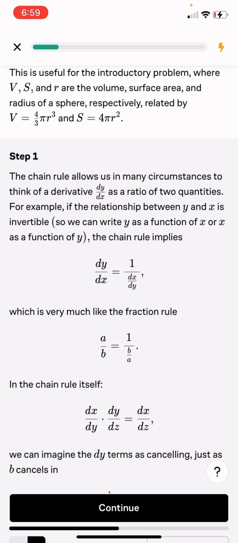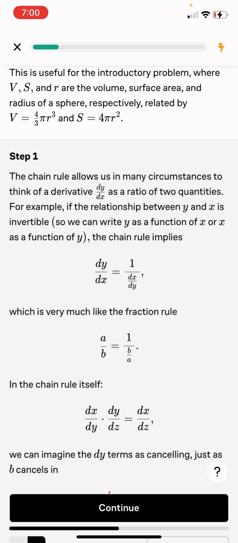For example, if the relationship between y and x is invertible, we can write y as a function of x or x as a function of y. The chain rule implies derivative of y over derivative of x equals 1 over derivative of x over derivative of y.